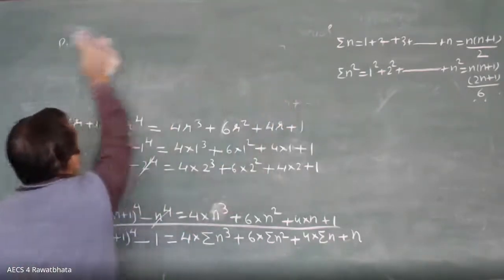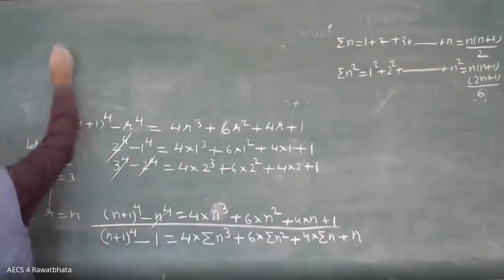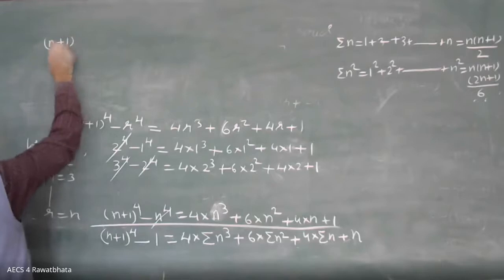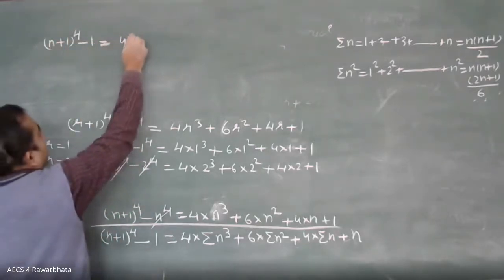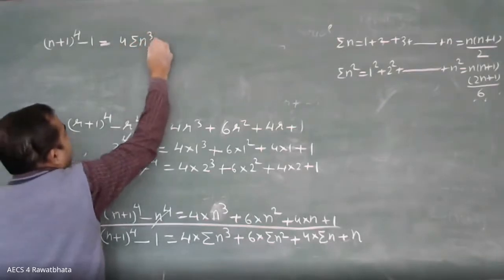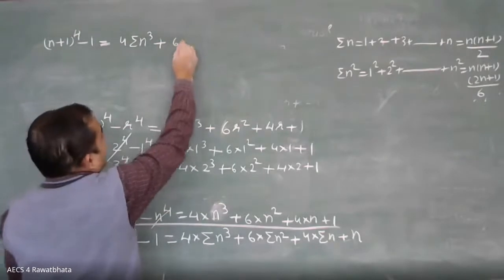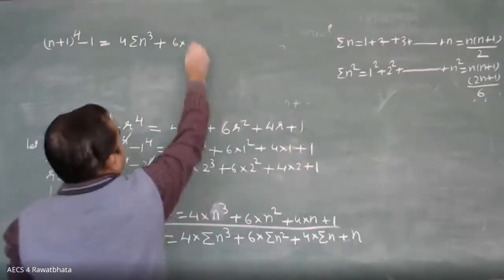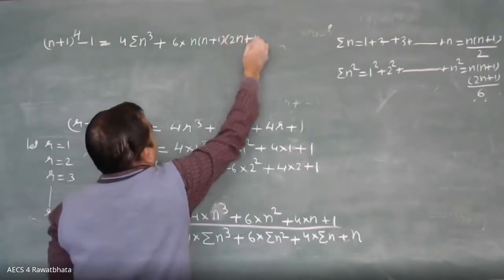Now I'm going to put the value of these sigma n square, and then this will become n plus 1 whole to power 4 minus 1 is equal to 4 sigma n cube. Sigma n cube value I will find, so this as it is to be kept, plus 6 into sigma n square, I have n into n plus 1, 2n plus 1 whole upon 6.